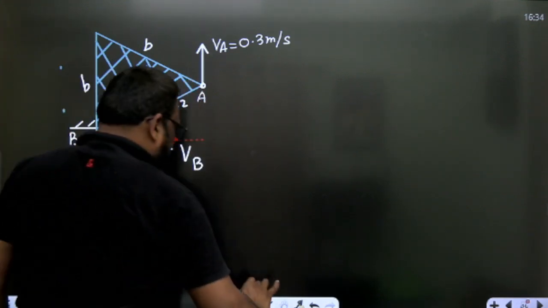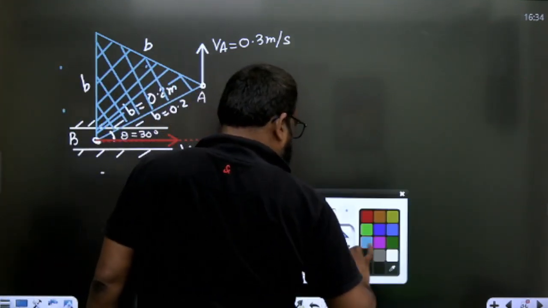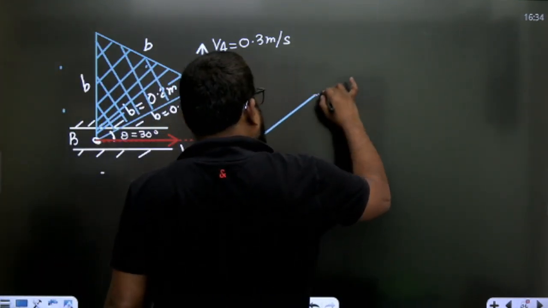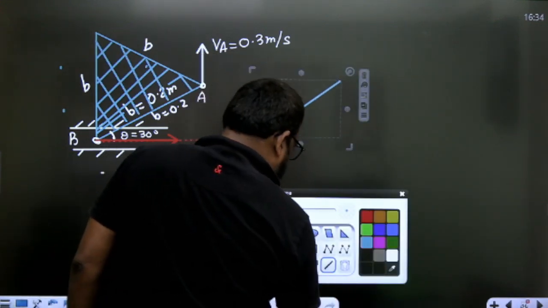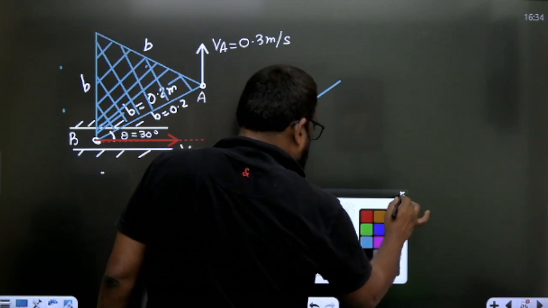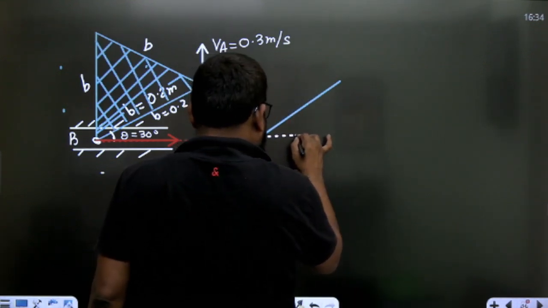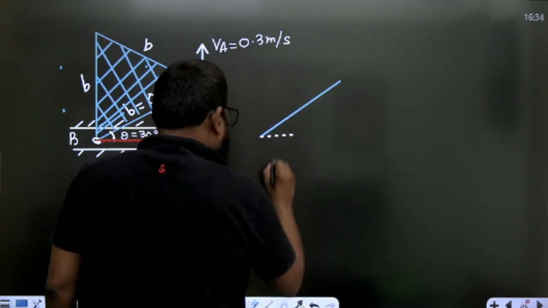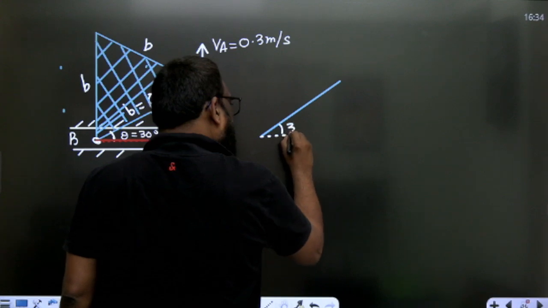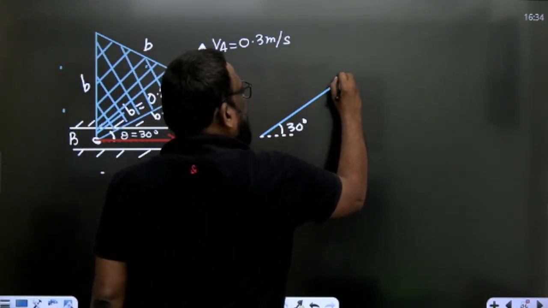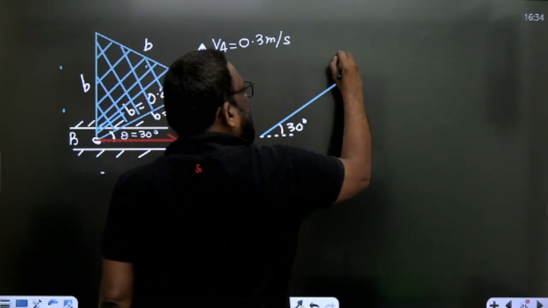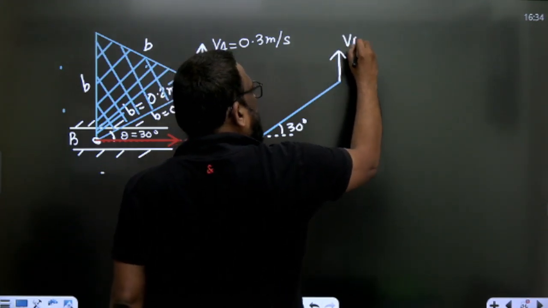Let me take AB. It is very easy. And we know this angle is 30 degrees. This is vertical, which is VA.